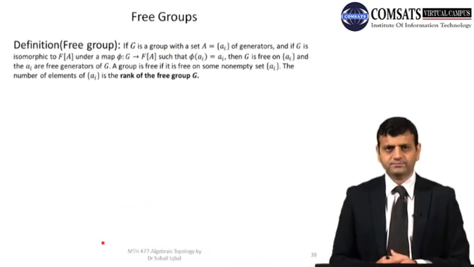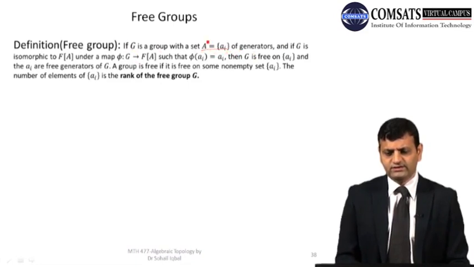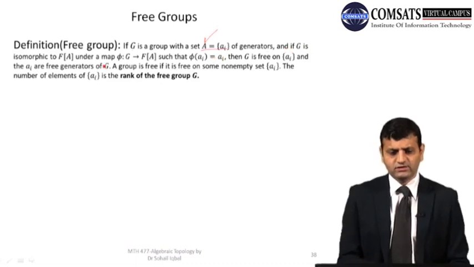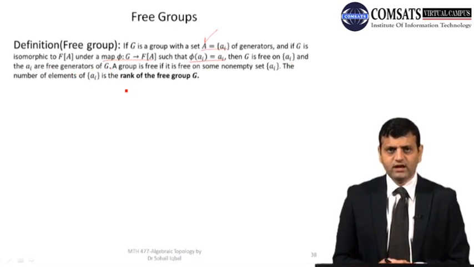So what is a free group? We have seen what is a group generated by a set of symbols a_i. If we have a group G and a set A, of course this set A generates the free group F(A) generated by the set A. And if G is isomorphic to F(A) under a map phi defined by phi of a_i is equal to a_i, then G is free on A, and the a_i are the free generators of G. As I told you earlier, isomorphism is nothing but the equality of groups.